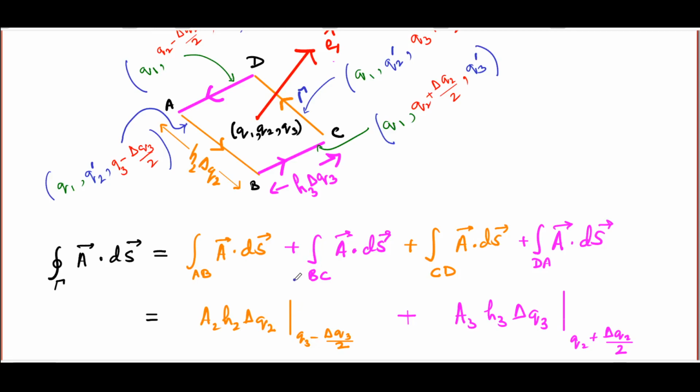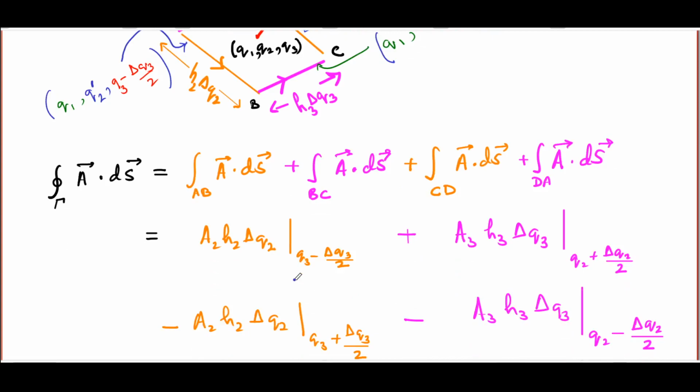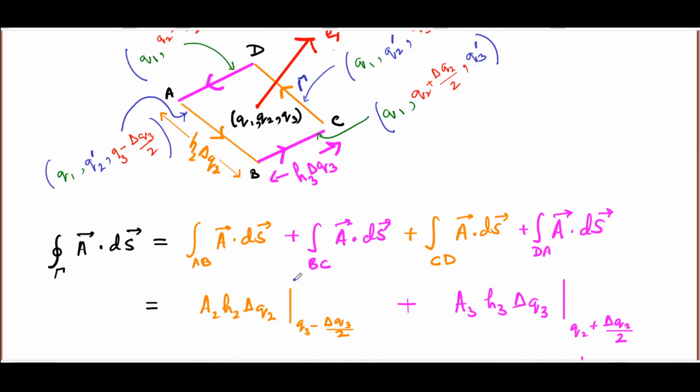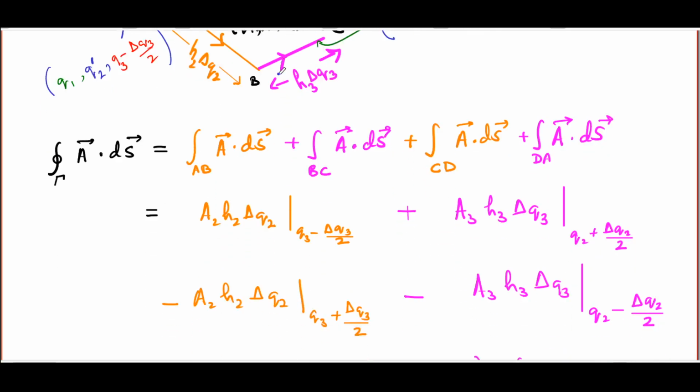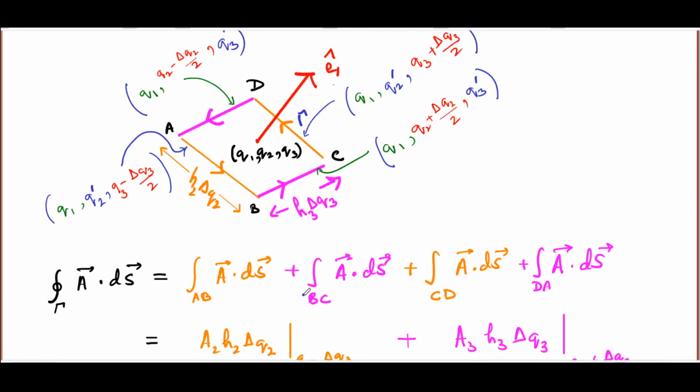Well, not only AB, CD will also give you a very similar contribution. Here, over this path only q2 changes, and it changes by h2 delta q2. So that's what you're going to get. But you have to remember that here on this part of the loop, you're actually moving against the increase of q2, and that's why it's in the negative E2 direction.